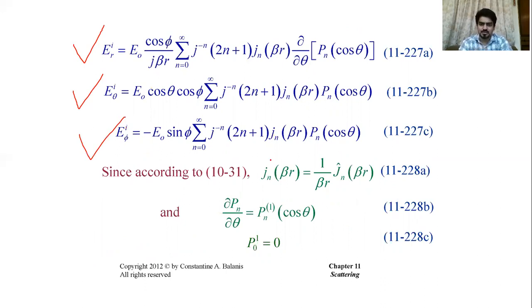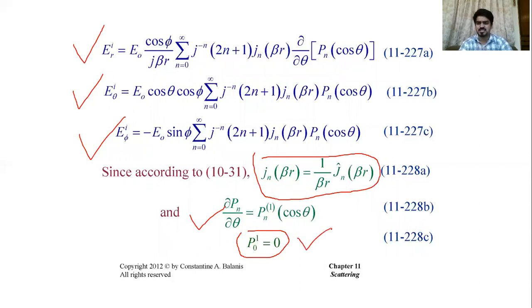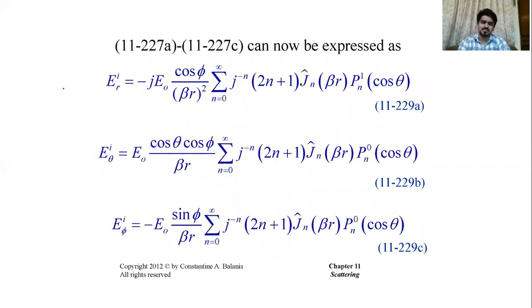Along with that, we will also use the identity of the spherical Bessel function, and the identity for the associated Legendre functions, that whenever the superscript is greater than the subscript, it is going to be 0. When we use these identities, these will be your expressions for Er, E theta, and E phi.